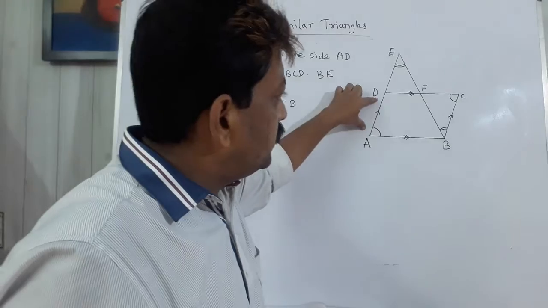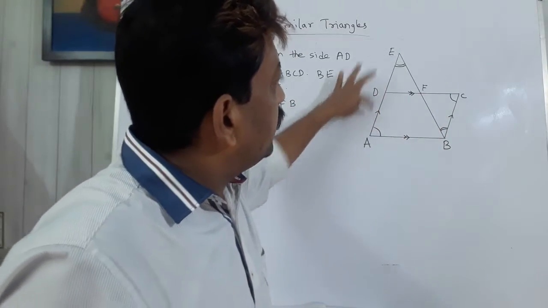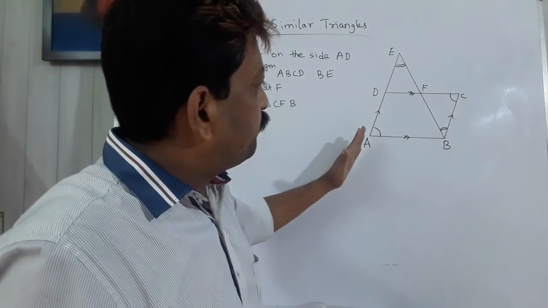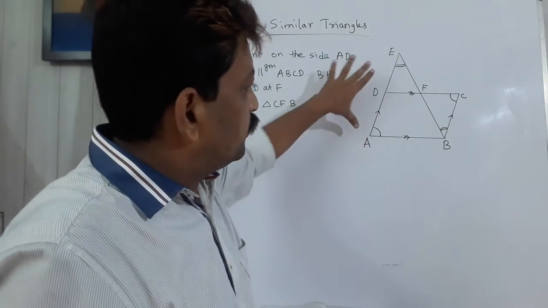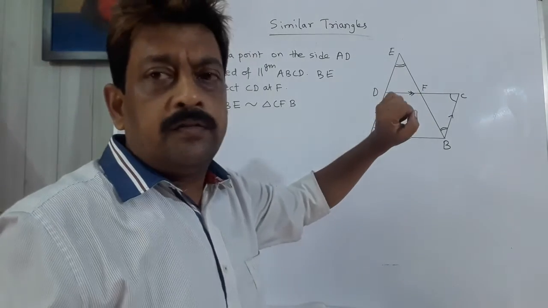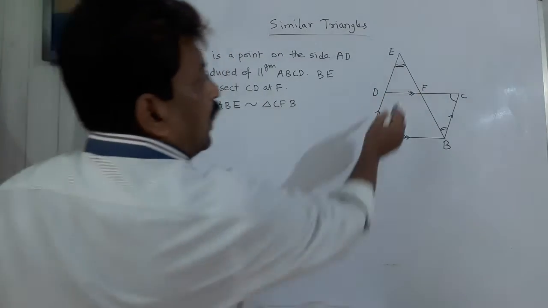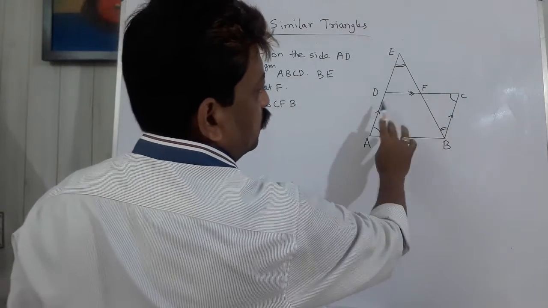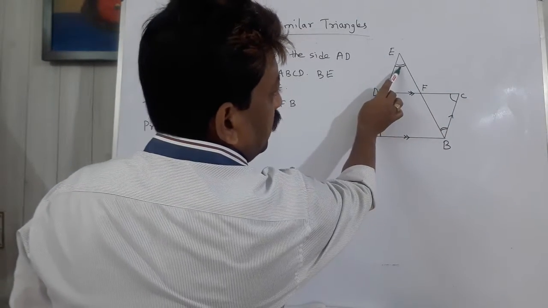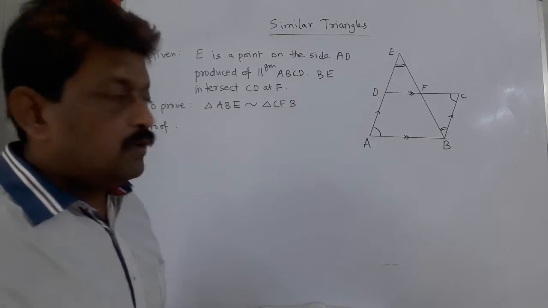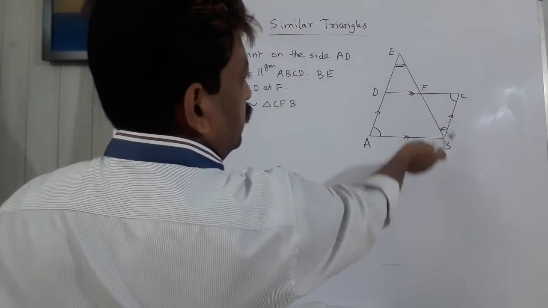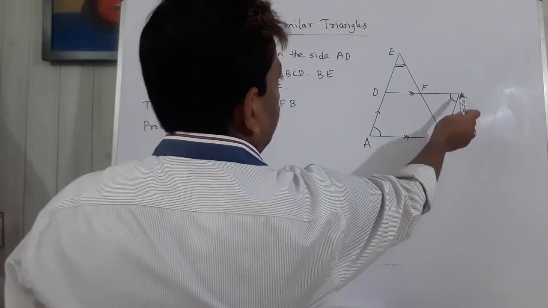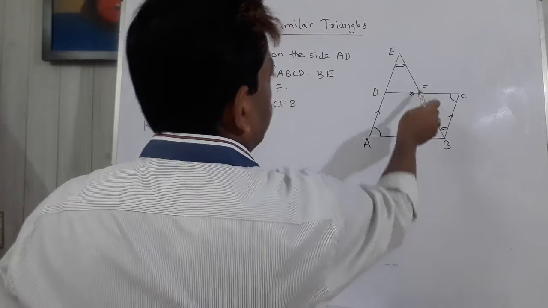So naturally, if AD is parallel to BC, then AE is also parallel to BC because E is obtained by producing AD. In that case, BE is the transversal. If two lines are parallel, then the alternate angles formed are always equal. So by the alternate angle property, angle AEB is equal to angle CBF.